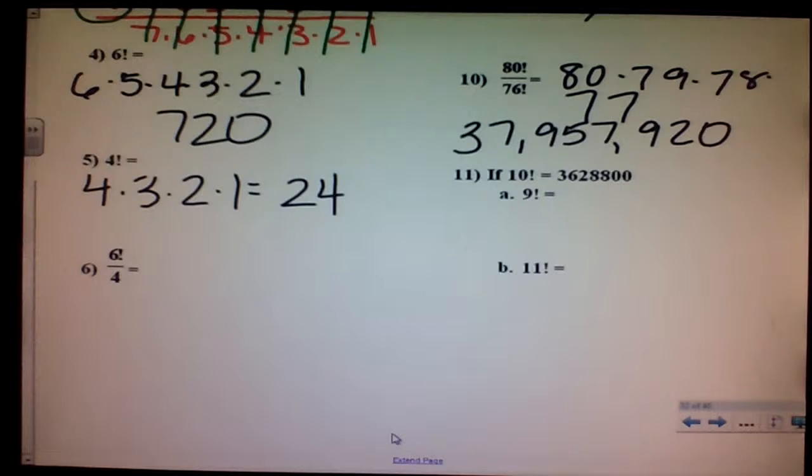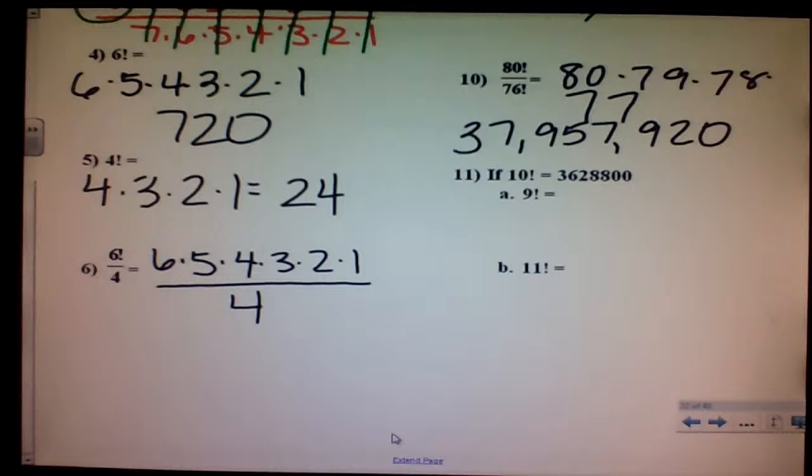At the top, 6, 5, 4, 3, 2, and 1. In the bottom, all I have is 4, not 4, 3, 2, 1. So the only thing that cancels is the 4s. So this is 180. Okay, so be careful.